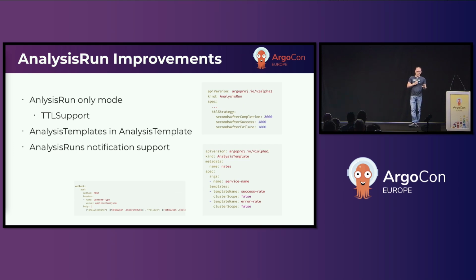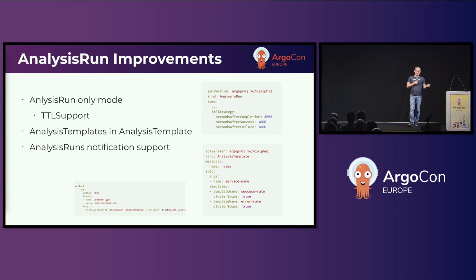And so part of that was being able to run the controller in that mode for efficiency. We also added TTL support to the analysis run object because Argo Rollouts used to maintain the lifecycle of analysis runs. Now it lets people create an analysis run and configure a lifecycle within the analysis run, so no other controller has to manage that lifecycle.